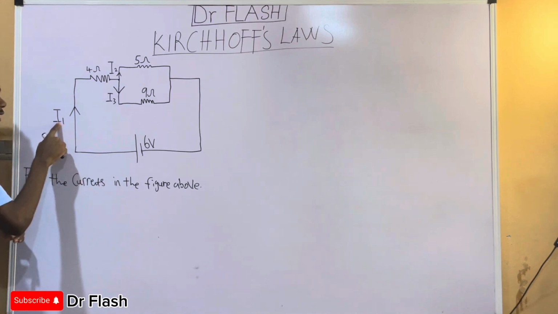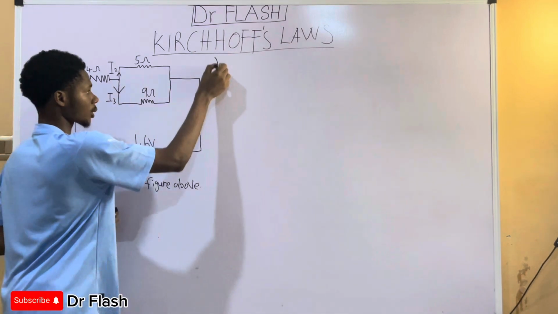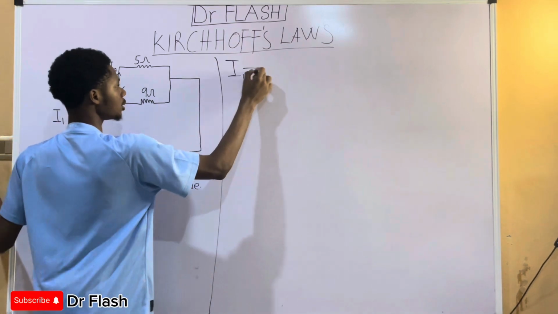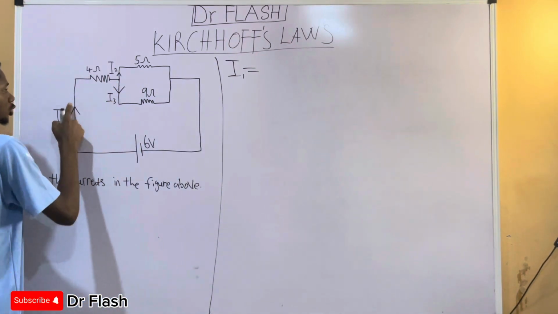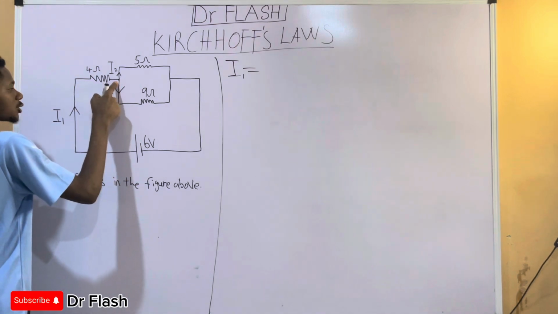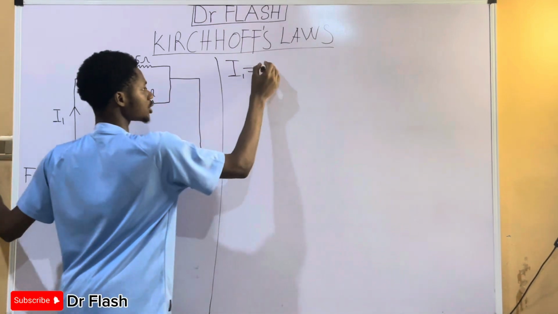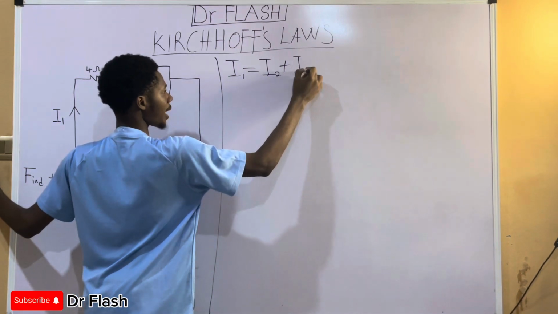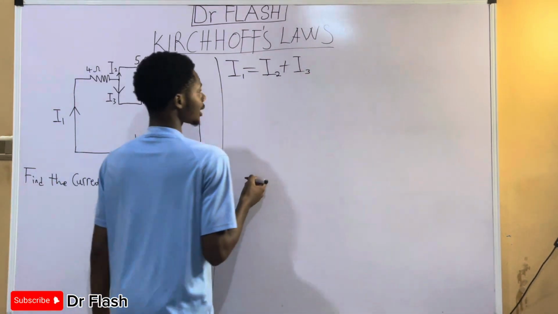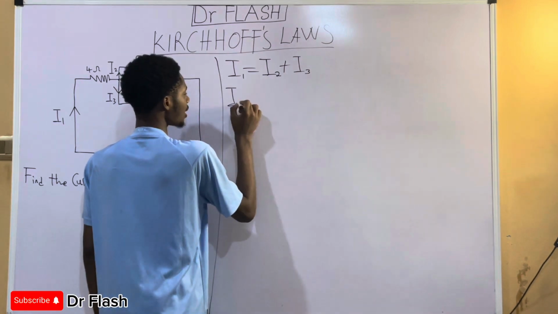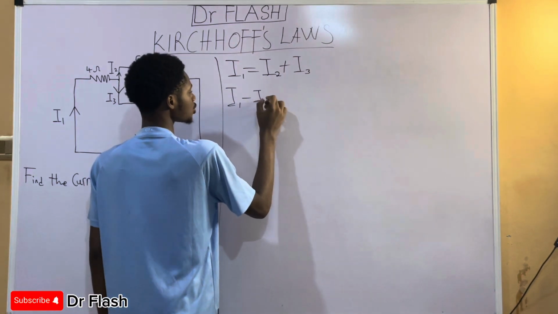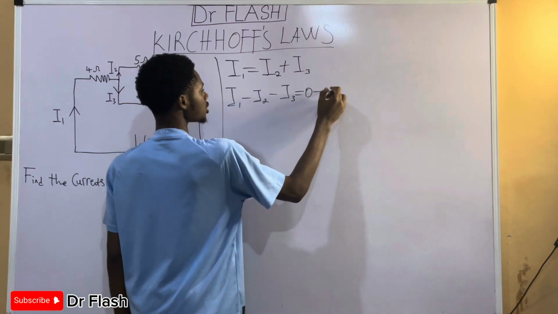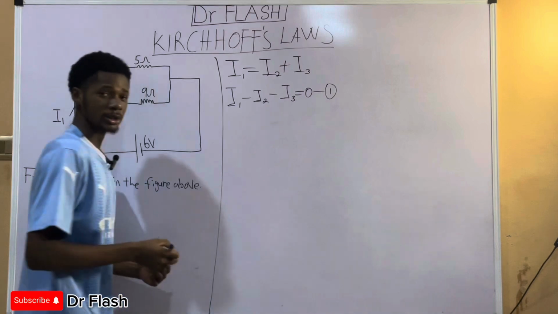So in this case, I1 is the current entering the junction. It splits into I3 and I2, so I1 is equal to I2 plus I3. We can rewrite this as I1 minus I2 minus I3 equals 0, which we're going to call equation 1.